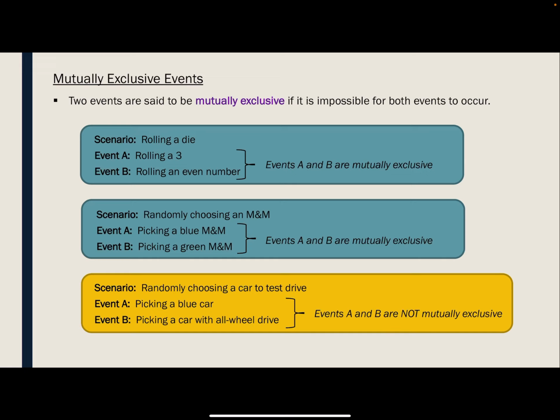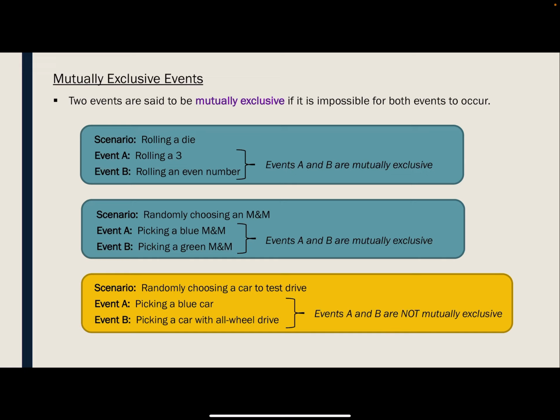So, the definition of mutually exclusive. We want to talk about the general addition rule under this specific scenario. First I want to talk about what it means for two events to be mutually exclusive. Another word for mutually exclusive is disjoint.